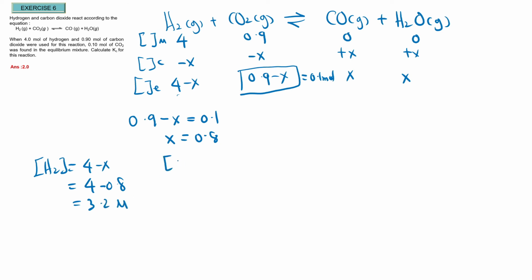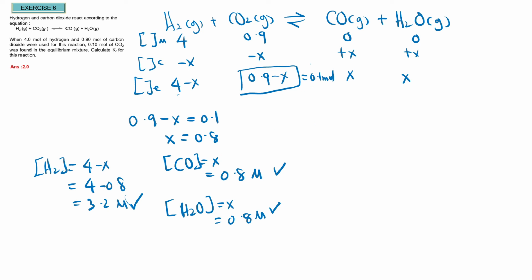So the concentration of carbon dioxide is 0.1. Okay, alright. So for CO, it is equal to x, which is equal to 0.8 molar. And then concentration of H2O equal to x, which is equal to 0.8 molar. So we have the values 3.2, 0.8, 0.8, and then this one is 0.1.